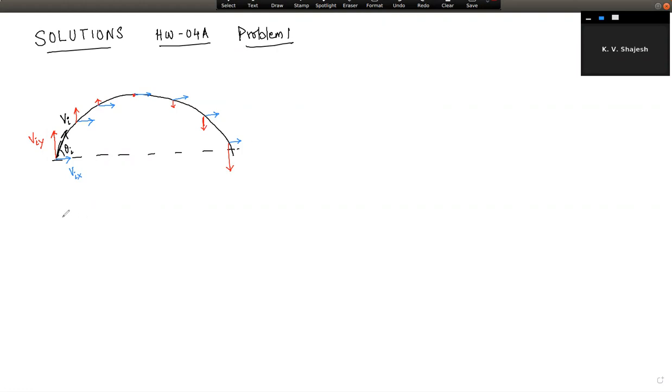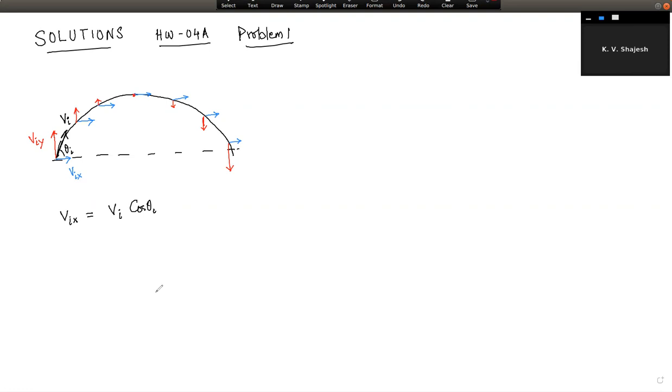So notice that v initial in the x direction, or the x component of the launch speed, is equal to the launch speed itself times cosine theta initial. That's a vector relation if you want. But since the x component remains the same right when the projectile is on the top of the trajectory, it has only one component, and that's equal to v initial x itself.